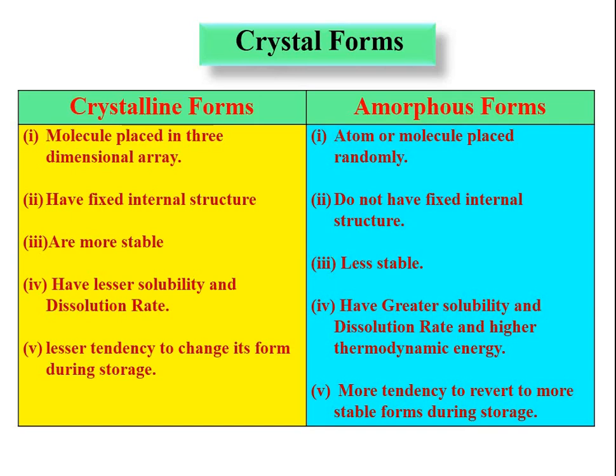But in the case of the amorphous form, when your drug particle has a random arrangement of structure, it is called the amorphous form, where there is no fixed internal structure. The amorphous form of a drug has less stability, but it has the advantage that, compared to the crystalline form, it has good solubility in water as well as a good dissolution rate, and it has higher thermodynamic energy.